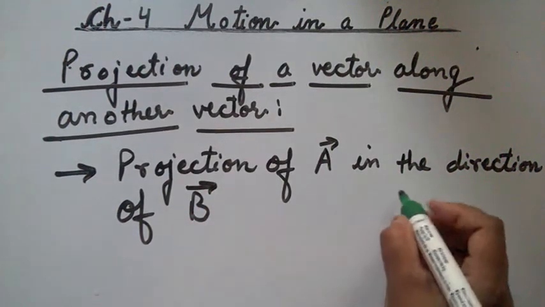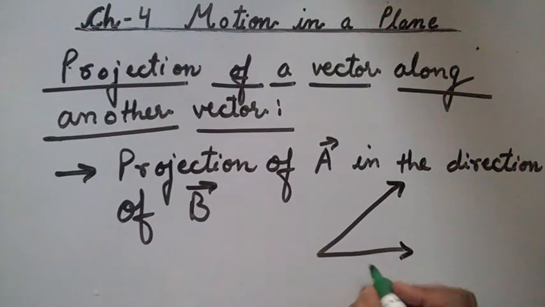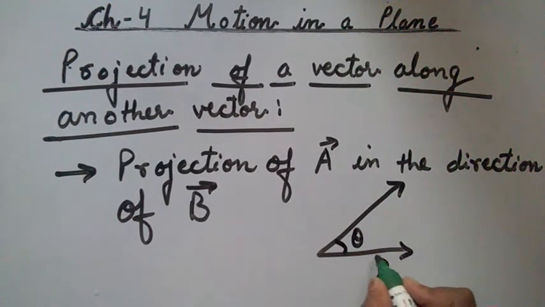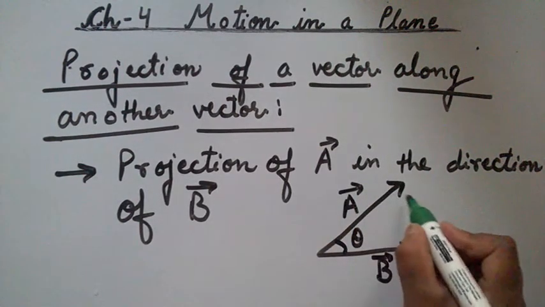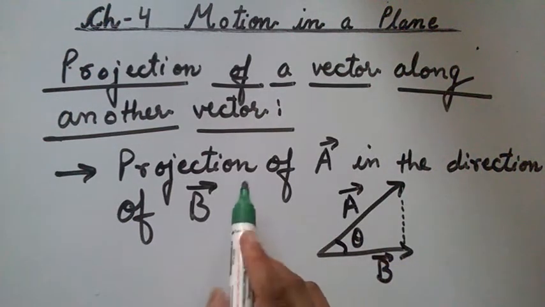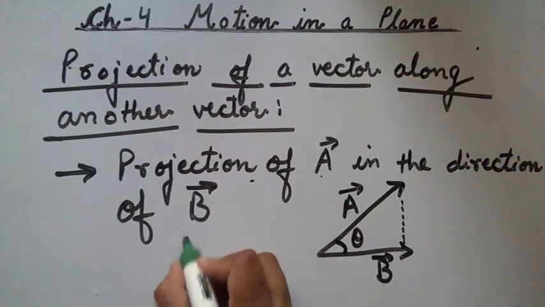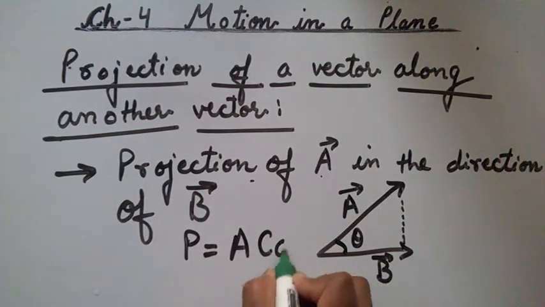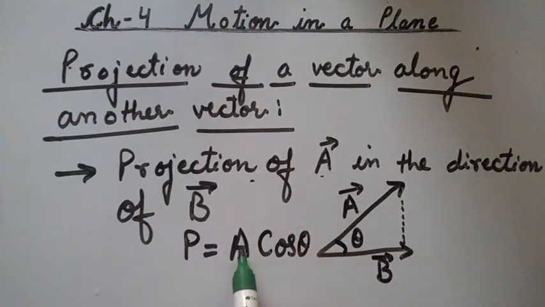So let the two vectors be this vector B and this vector A. Projection of A in the direction of B is equal to A cos theta, because here there is a projection of A in the direction of B. As we know, it is equal to A cos theta.